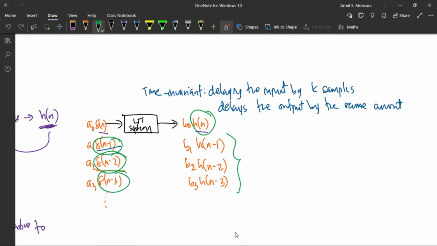Okay? So, supposedly, kung linear ito, and if this is, say, for example, your x of n, then supposedly, ito dapat yung y of n ninyo.